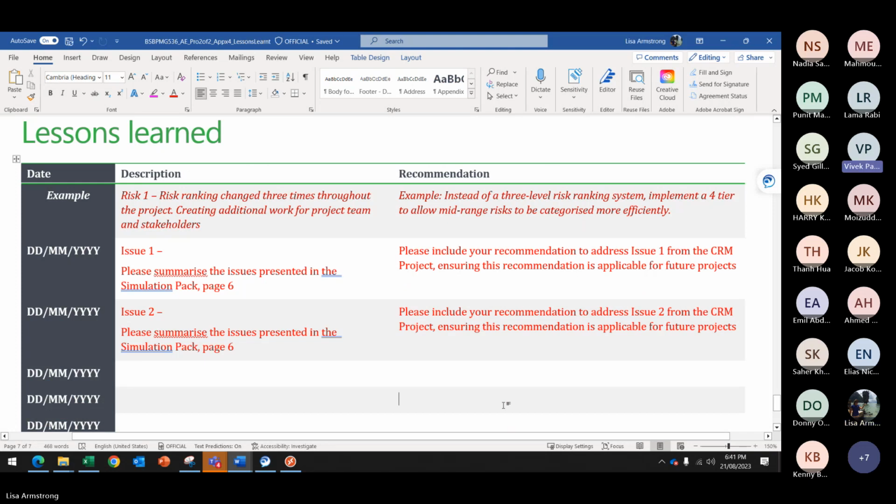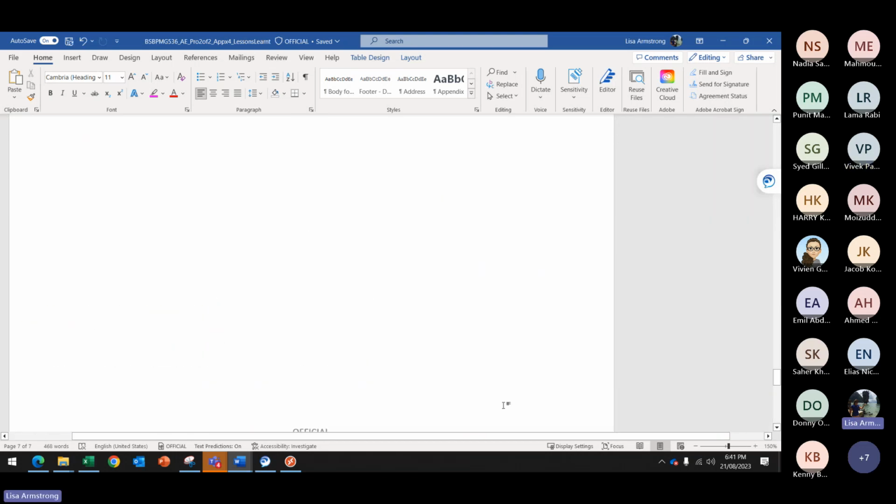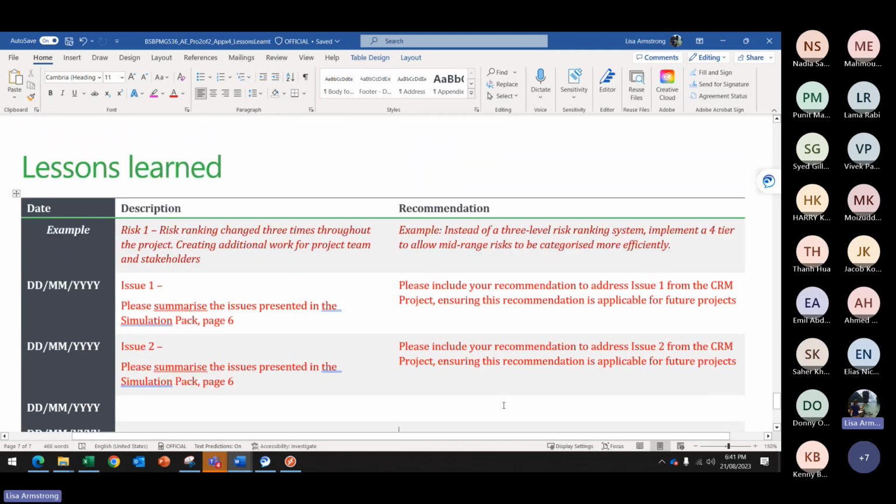And Lisa? Yes, go ahead, please. Yeah, the lessons learned recommendations, we can use the same thing we have mentioned in the action plan in the risk register, isn't it? It will be pretty similar. You can go back if you want to. So hang on a minute. Is this what you're saying?